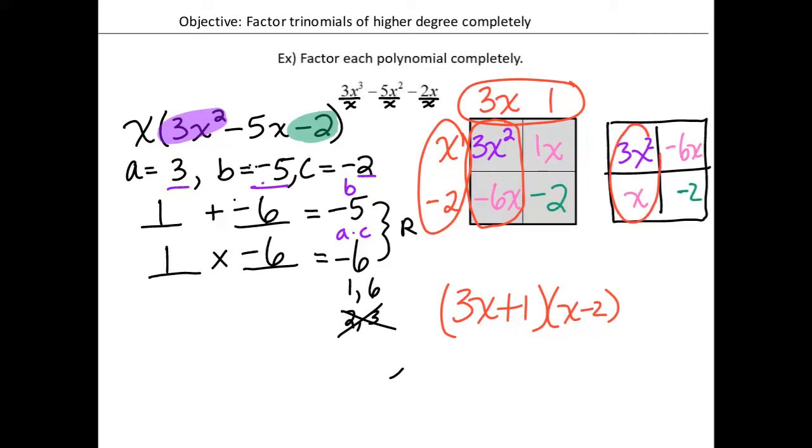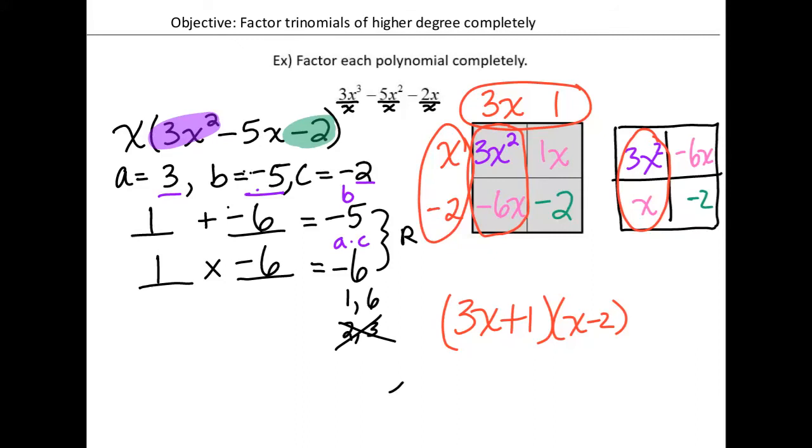So if you get something like this, between a 3x squared and an x, what is the GCF there? All I can take out is an x. And then you think of x times what is 3x squared? Well, I need the 3x. And x times 1 gives me x. And then 3x times negative 2 gives you the 6x. And then negative 2 times 1 is still negative 2.